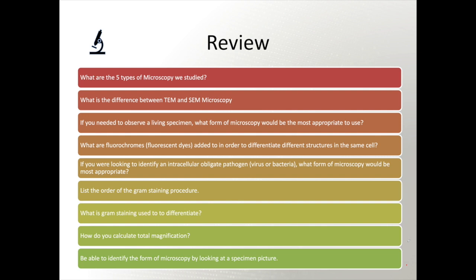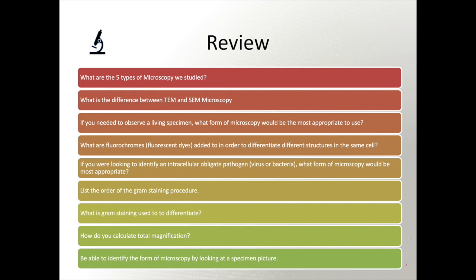So for example, if you needed to observe a living specimen, what kind of microscopy would you choose? What are fluorochromes? And why are they added to something in order to differentiate different structures in a cell? If you wanted to see an intracellular obligate pathogen, such as a virus or a bacteria, what kind of microscope would you use? Make sure you know the order of the gram staining procedure.